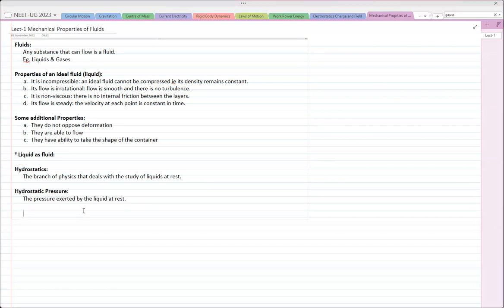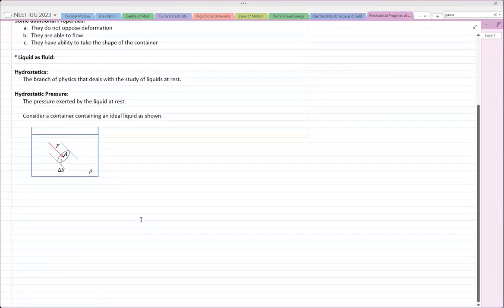So consider a container containing an ideal liquid as shown. Okay, so let's have a container containing ideal liquid as shown. Now I cannot show that liquid with solid colors because it is very difficult to color this patch.